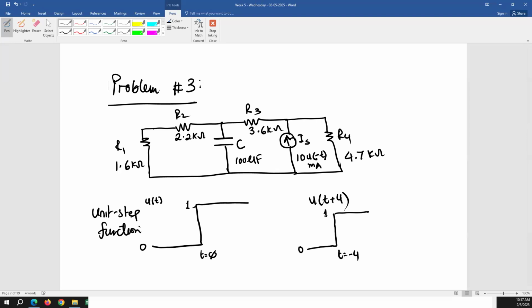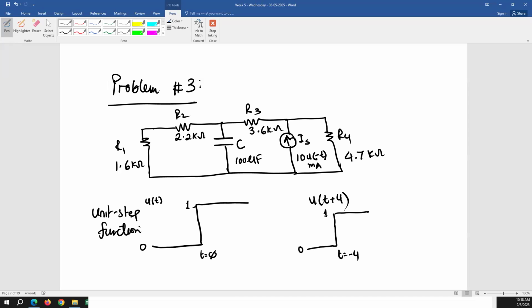So when we write a source in terms of unit step function, what does that represent? 10u(-t). Exactly. So -t means, for all the negative values of t, the argument is going to be positive, because negative times negative is positive. So it is going to be on, 1 is on, 0 is off.